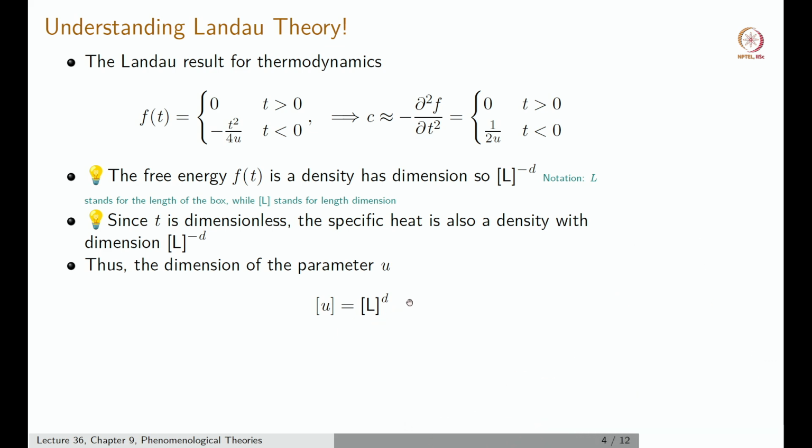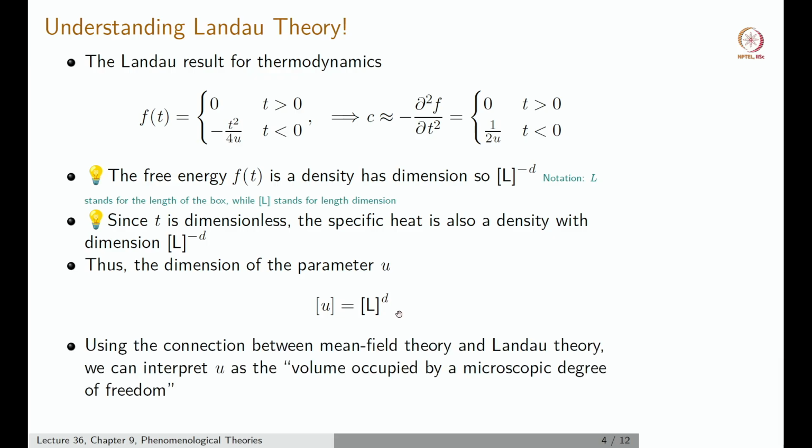So in the way we have set up the Landau theory, simply from considerations of dimensions, you will see that this parameter u that we introduced has to have dimensions of length to the power d, right? So this means we can argue what this dimension of u is. Remember, Landau theory and mean field theory are the same thing.